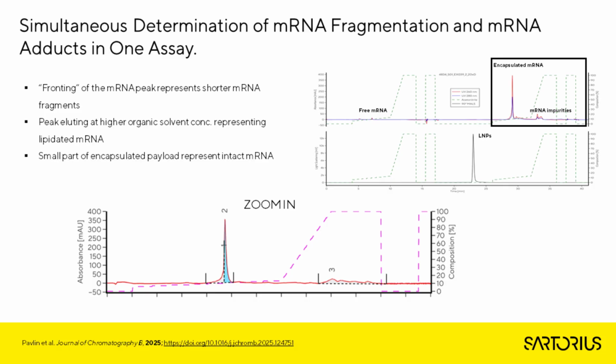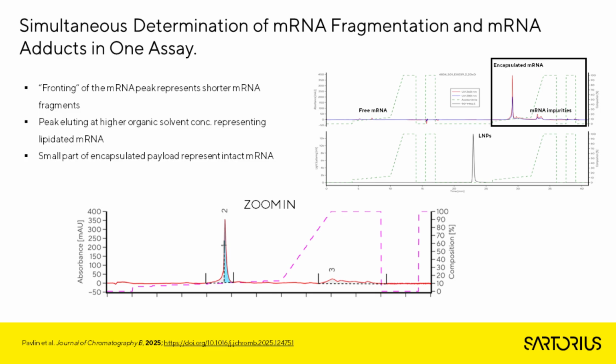So how do we do it? Here on the upper right part, I have a typical chromatogram I already showed you. If we zoom in on this part where encapsulated mRNA is eluted, we can see that beside intact mRNA, shown here in blue, we can determine the fragments of encapsulated mRNA, so shorter fragments of mRNA, and also the adducts shown here as peak 3, which elute at a higher concentration of acetonitrile because they are much more hydrophobic.